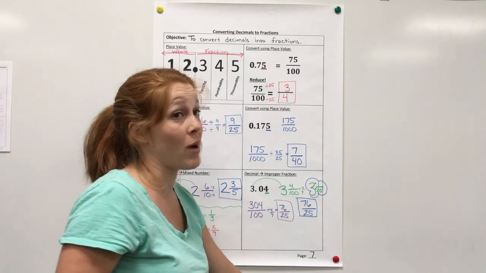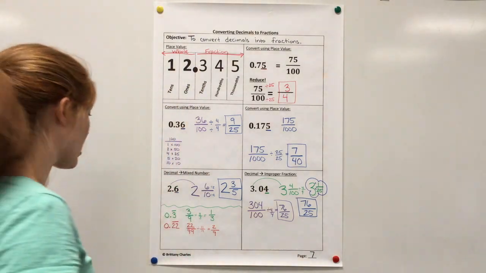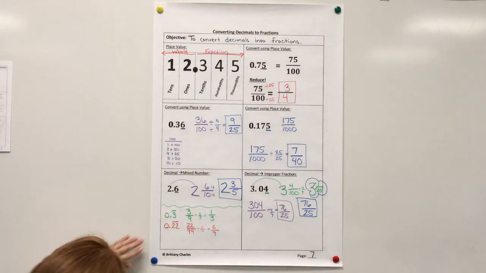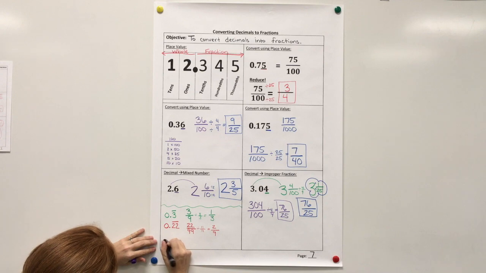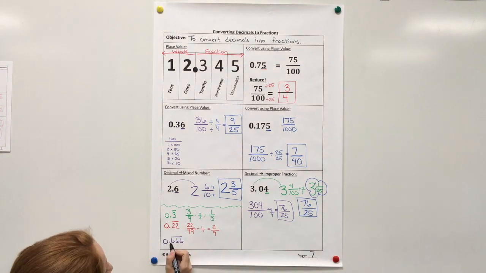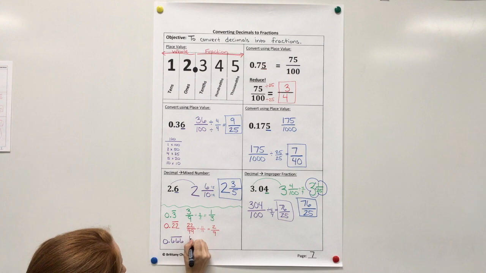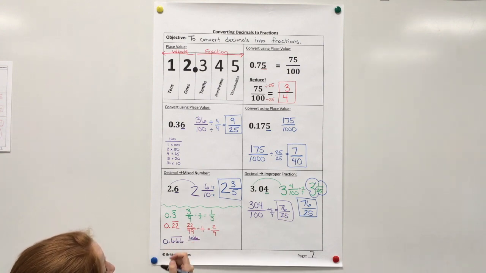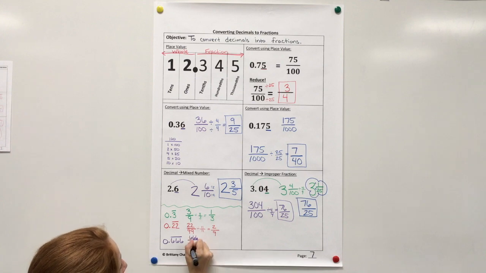Okay, and likewise, if I had 3 digits repeating, let's say I had 0.666, I have 3 digits, so I write all 3, and I have to put them over 3 9s, or 999.